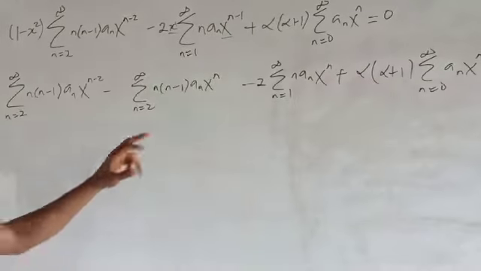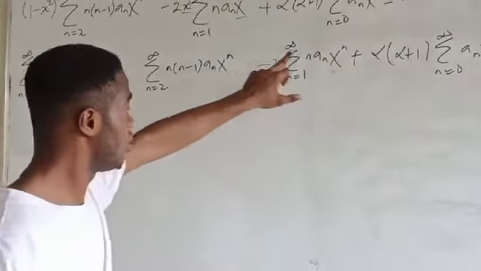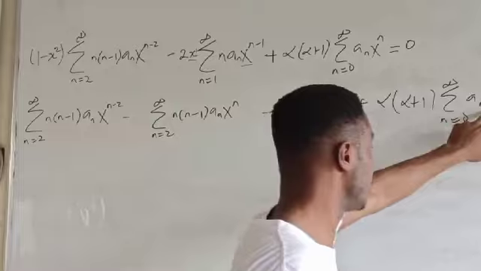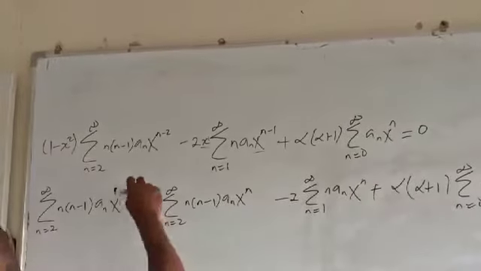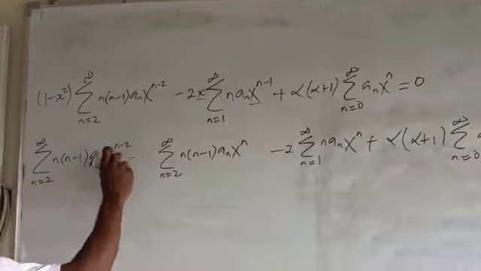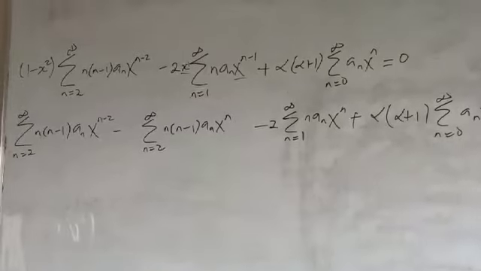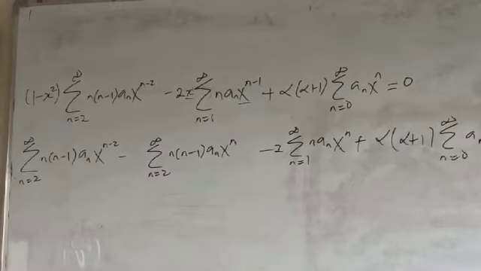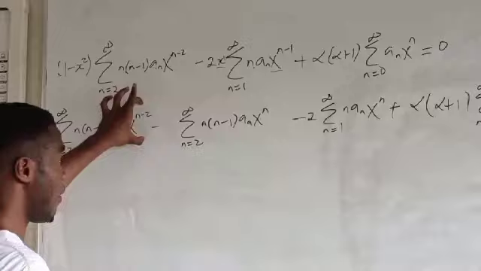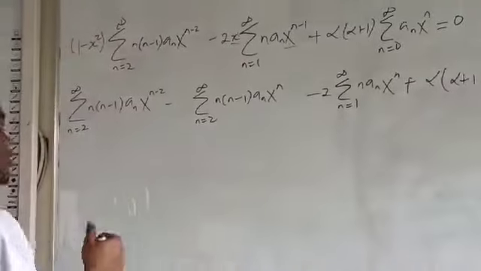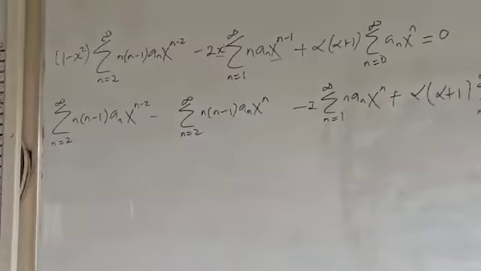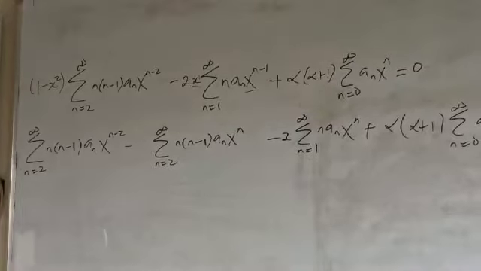As you can see, the power of x here is n, this one is n, and this one is n. But the power of this other x is n minus 2. So our aim is to make all the powers the same. So how are we going to make that possible?